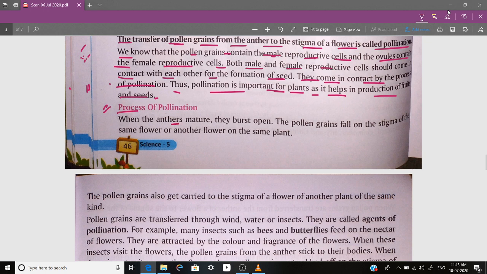When the anther matures, it bursts open, and the pollen grains fall on the stigma of the same flower or another flower of the same plant.